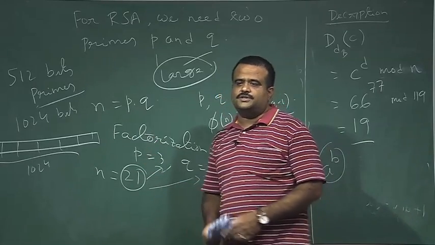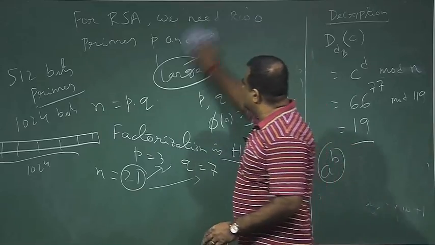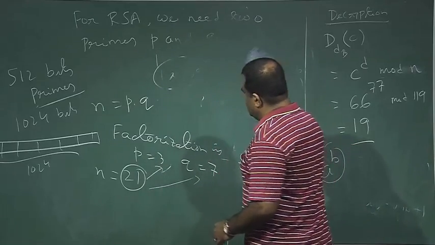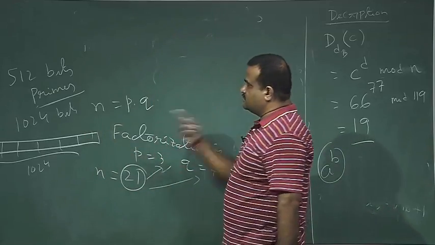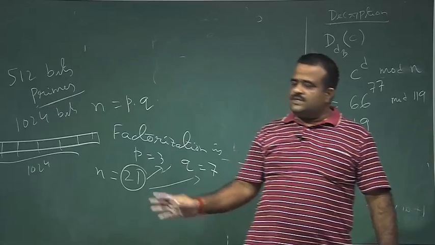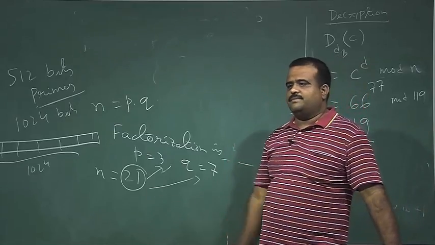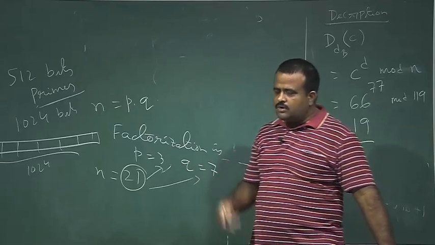Is there any algorithm to which we give the bit length and it gives us a prime of that length? There is no such algorithm. So, what can we do?